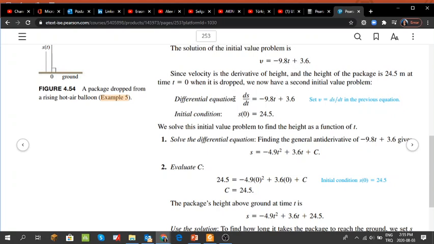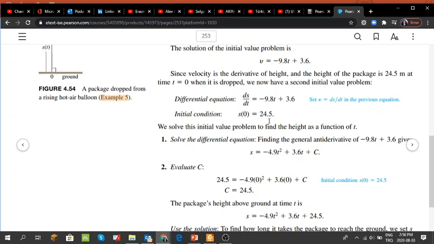And then this is our new differential equation, and there's an initial condition as well. s of 0, which is at time t equal to 0, the package was 24.5 meters above. So this we can easily write. In order to solve this system, we ask ourselves what is the antiderivative of this function, which is s.